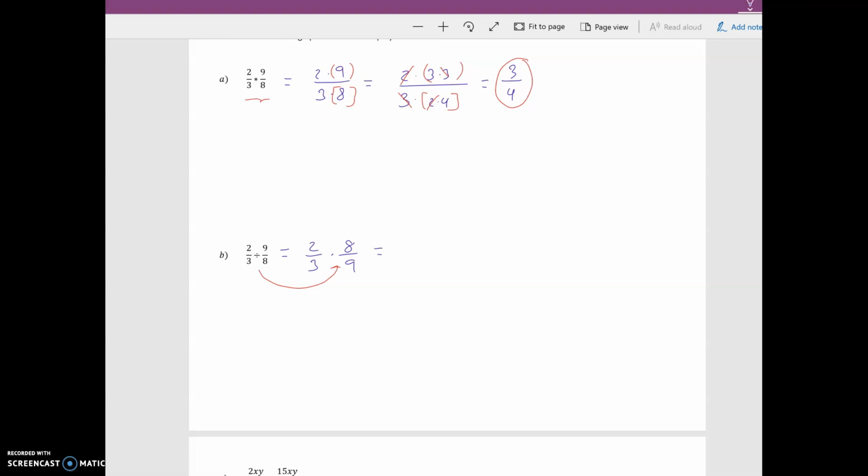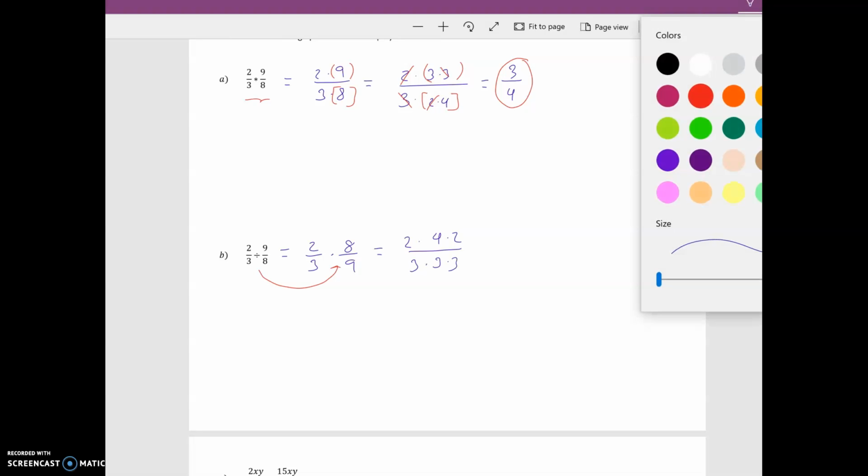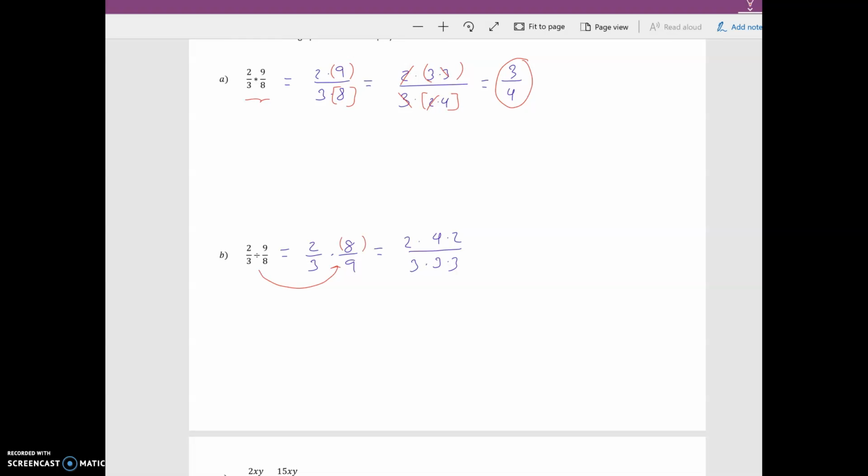So in this case, I'm just going to rewrite this as 2 times 4 times 2, and then 3 times 3 times 3. And all I'm doing is rewriting the 8 and that 9 also in this format. And notice that there's no common factors.